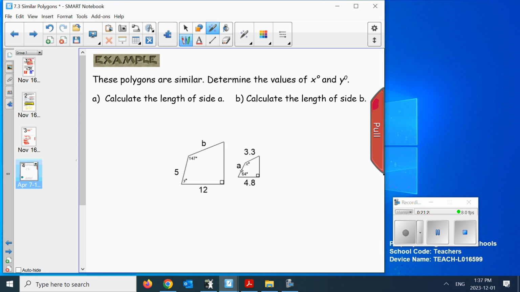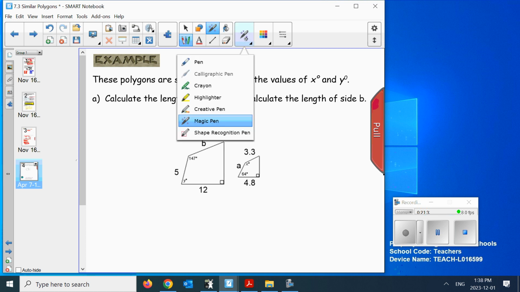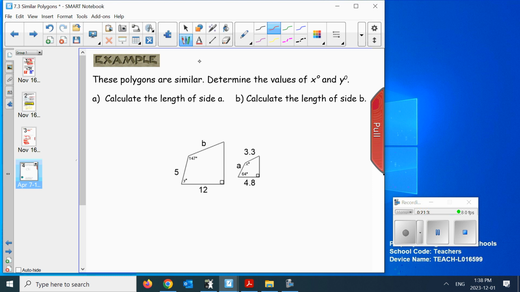But we're told it's similar, so what does that mean about their angles? They look like it too, right? What are they? The same. There's no arithmetic to do. We're going to just say that x is equal to 147. And then y is equal to, well, y looks to be in the same spot as the other corner, 64, right?